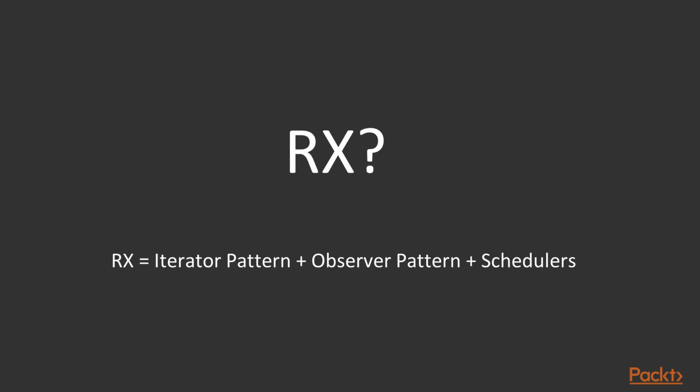Technically, Rx is a mixture of different patterns: the iterator pattern plus the observable pattern plus scheduler. The iterator pattern is a design pattern that provides a way to access a collection of elements sequentially.